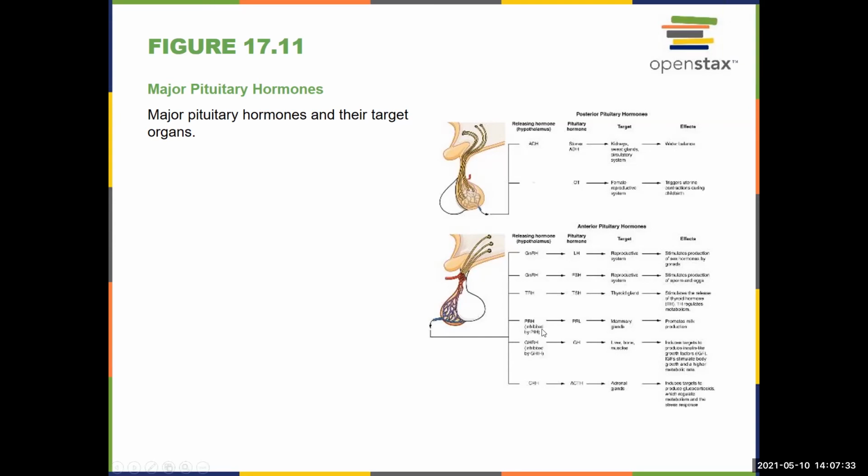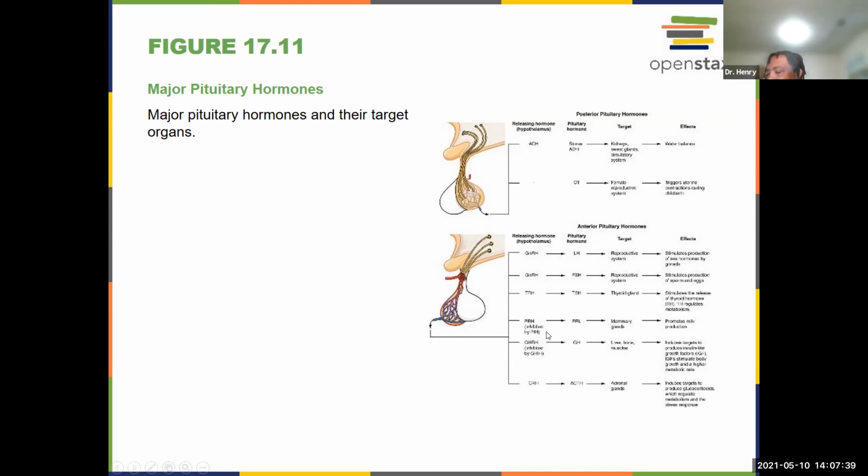Okay, so then we have the PRH, which is the one that stimulates prolactin. And then the target of that is the mammary glands. And then that's responsible for milk production.